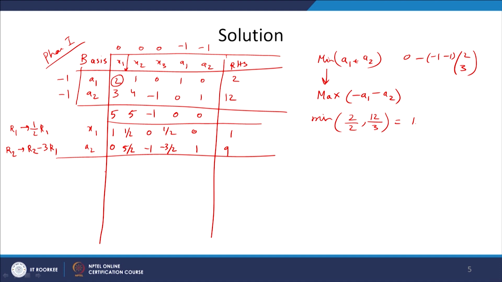Again we need to find out the deviation entries, and they turn out to be 0 5 by 2 minus 1 minus 5 by 2 and 0.